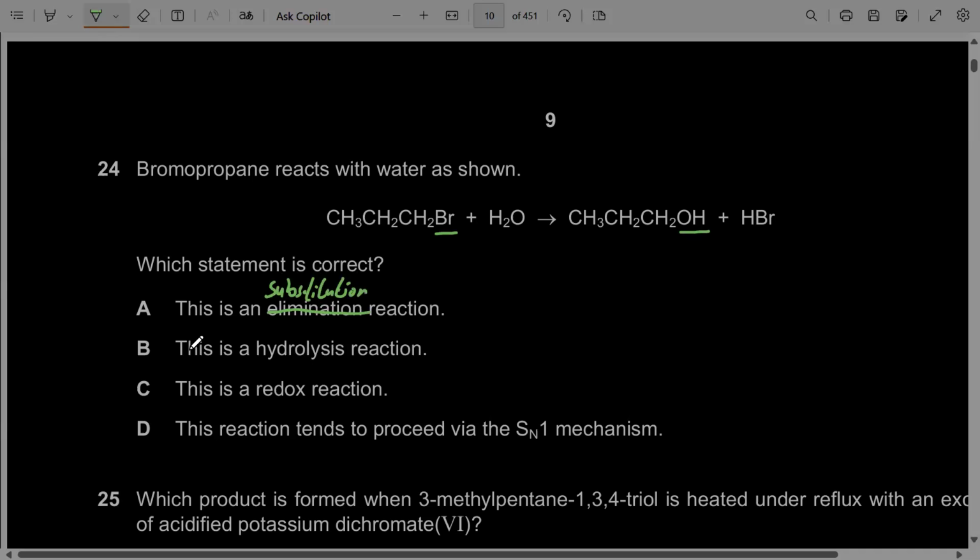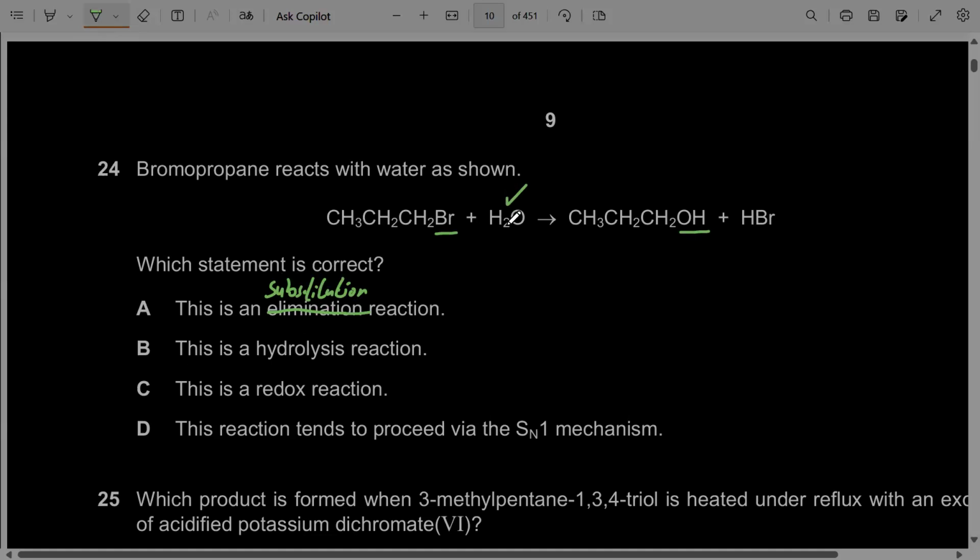B says this is a hydrolysis reaction. So a hydrolysis reaction does occur here because we are using the water. Hydrolysis means a reaction carried out by water in which the other compound is broken and a new product is formed.